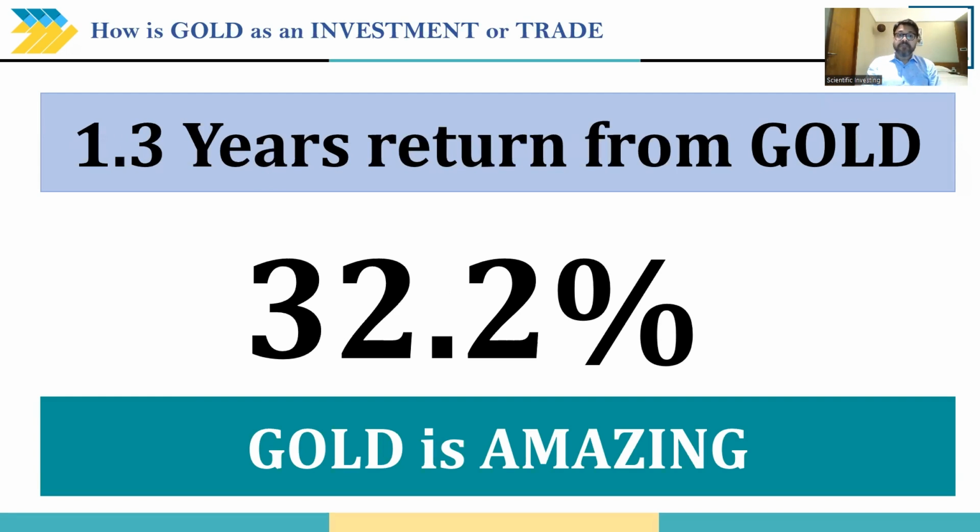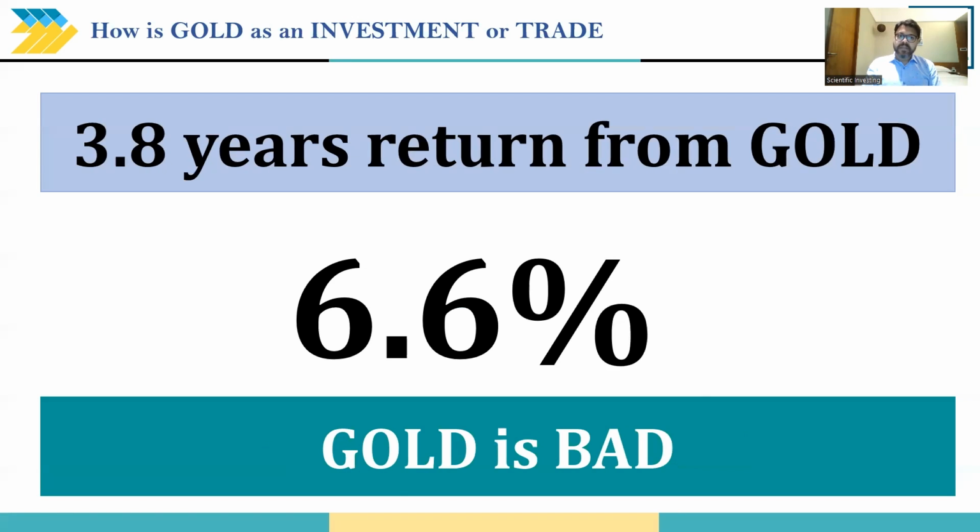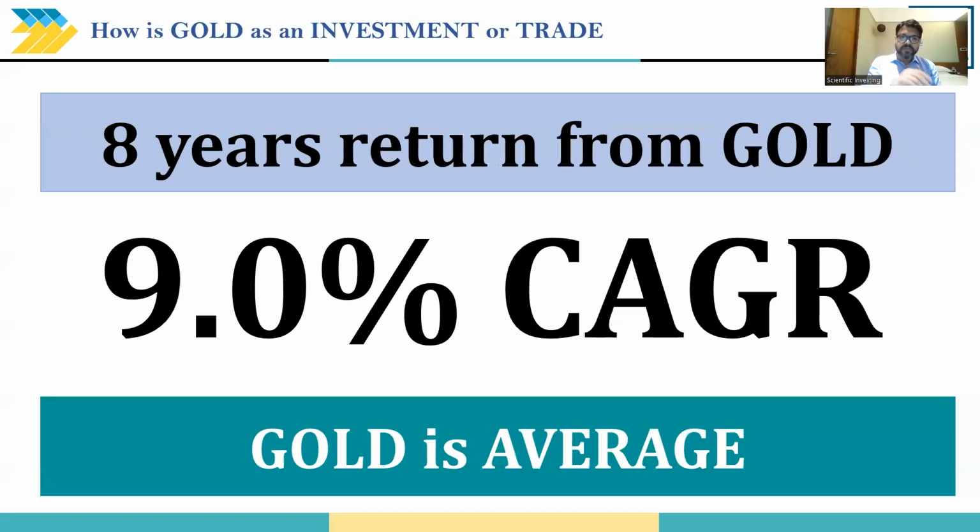Amazing return. If we look at the last 1.3 years, 32% return from gold. Again, it looks great. But when we look at the last 4 years of gold return, 6.6% CAGR, where in the stock market everybody has earned 15, 20, 25, 30% CAGR. So now gold doesn't look so good.